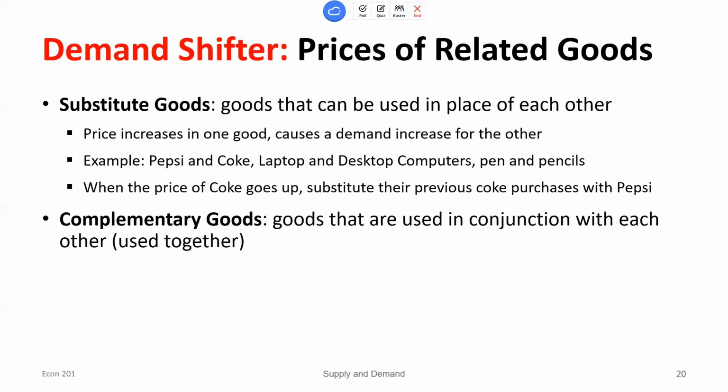So electric cars, and the battery that comes in them. If those batteries become more expensive, and I can't use my electric car without that battery, what do you think is going to happen to the overall demand for electric cars? Goes down, because I have to use these together.